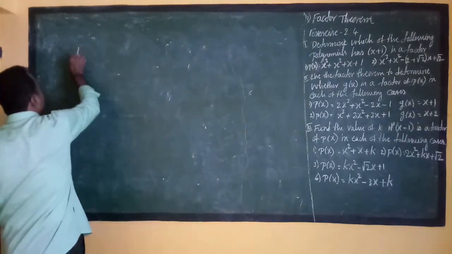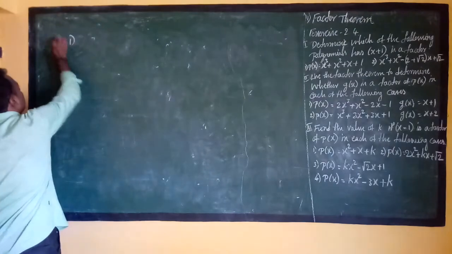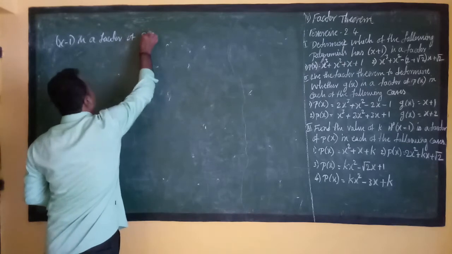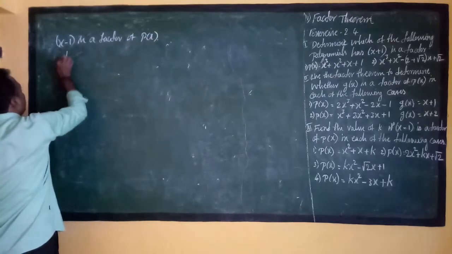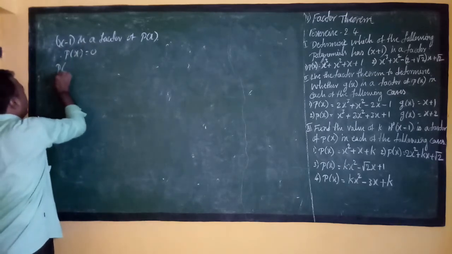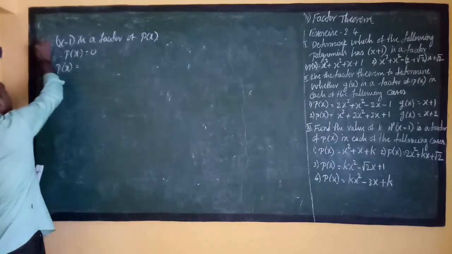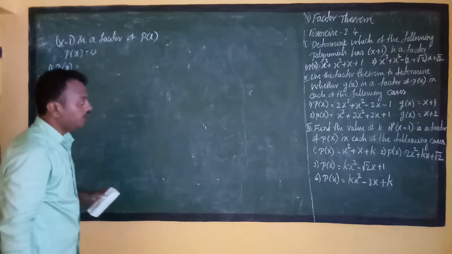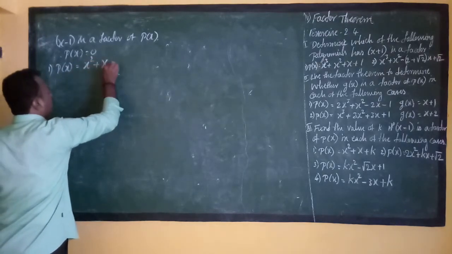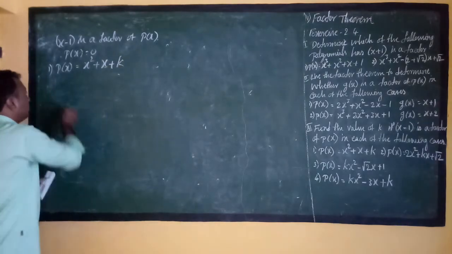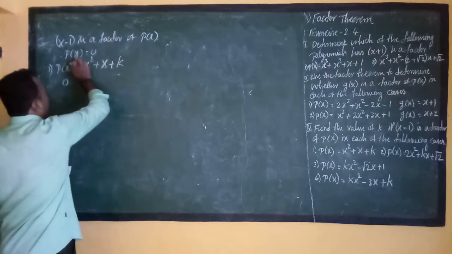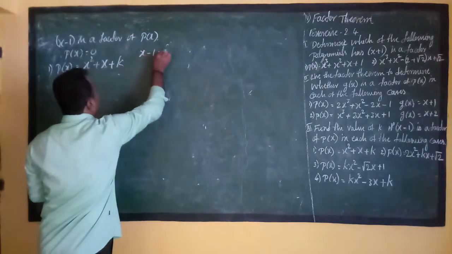So if x minus 1 is a factor of p of x, then p of x becomes 0. Here p of x is equal to x square plus x plus k. Now p of x becomes 0, and x minus 1 is a factor of p of x, which means x minus 1 is equal to 0.